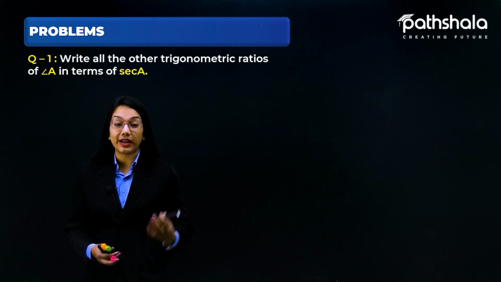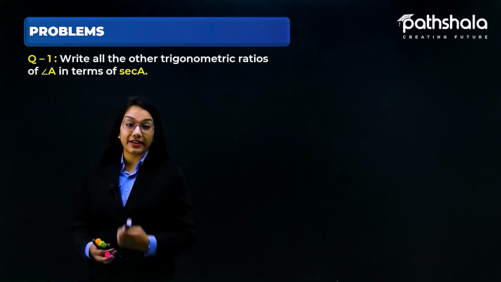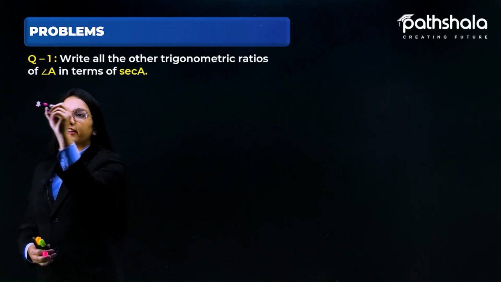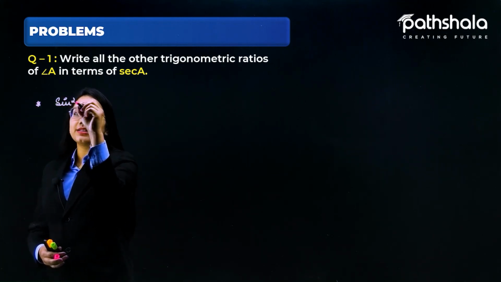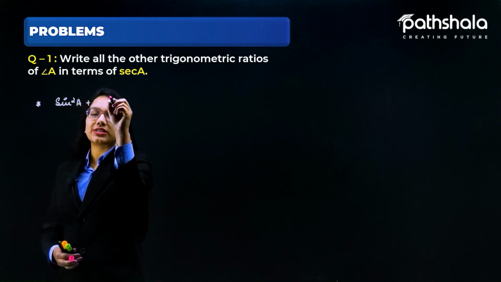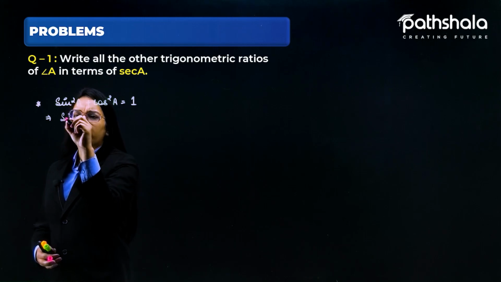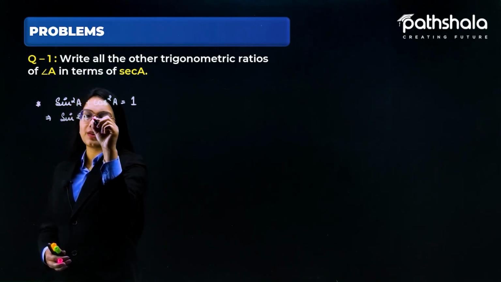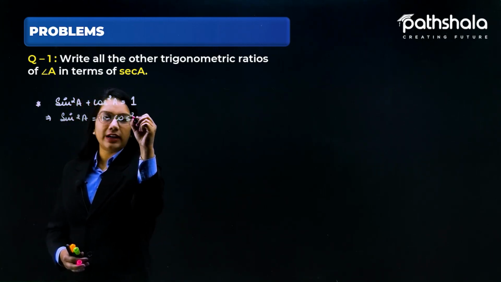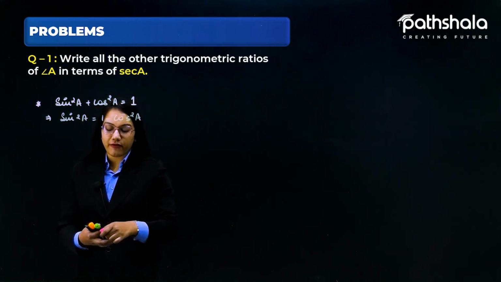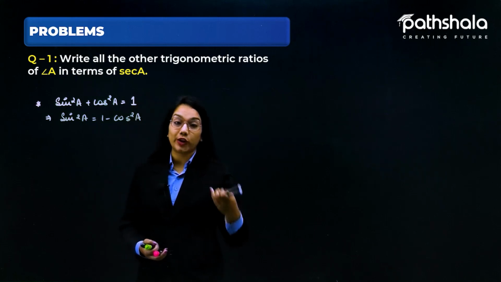We can do this with the help of the trigonometric identities. Let's see how. We know the very first trigonometric identity: sine square A plus cos square A is equal to 1. Further, I can write this identity as sine square A is equal to 1 minus cos square A, in which I have transposed cos square A to the other side.